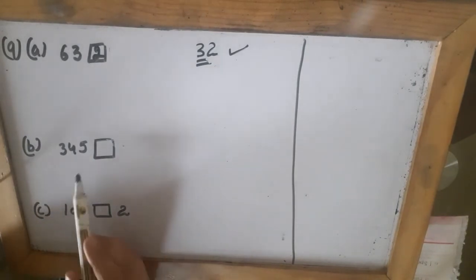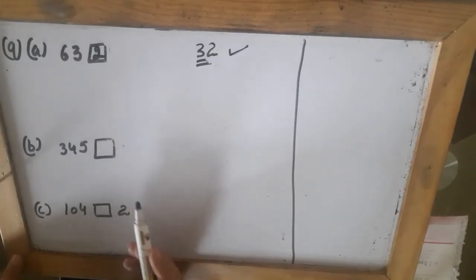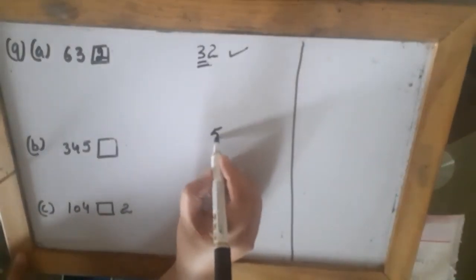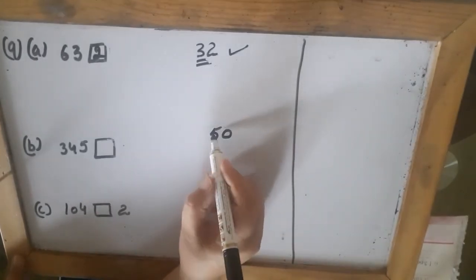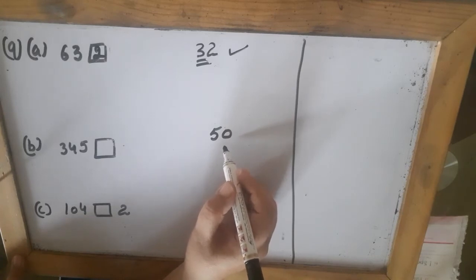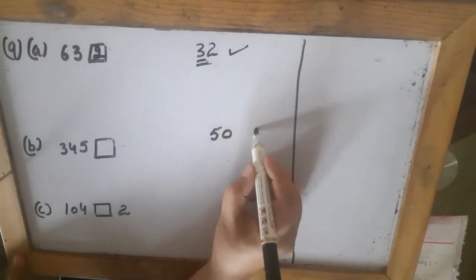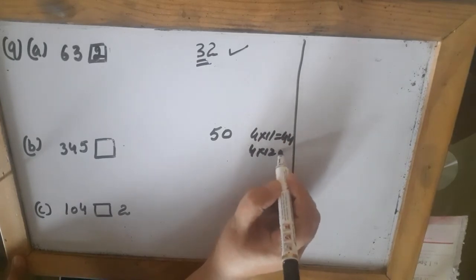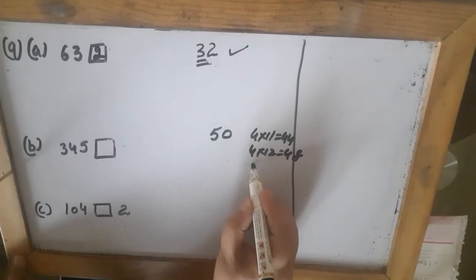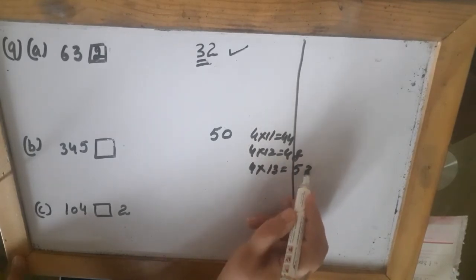So now 3, 4, 5, what should I add? The smallest digit I have to add. If I add 0, it will become 50. Now is this 50 divisible by 4? No. 4 11s are 44, 4 12s are 48, and 4 13s are 52.